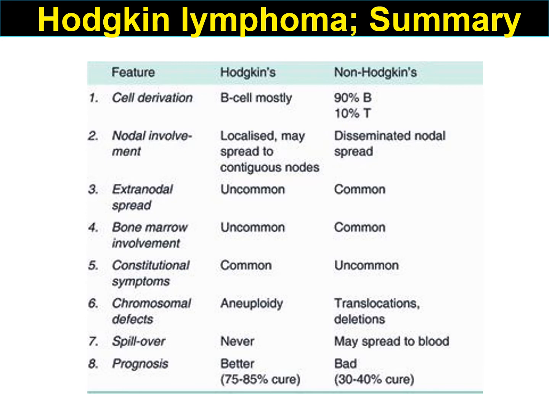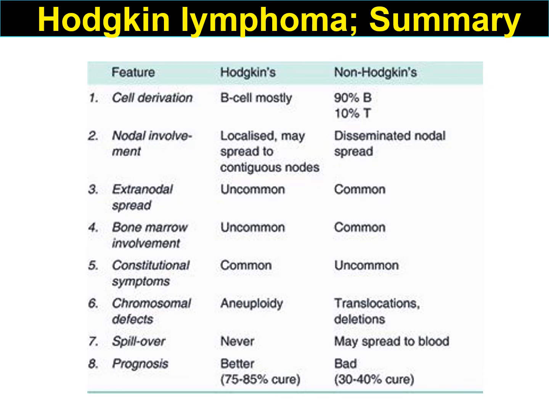This table describes the differentiation points between Hodgkin and non-Hodgkin lymphoma. The cell derivation in Hodgkin is mostly B cell, while in non-Hodgkin 90% are B cells and 10% are T cells. The nodal involvement in Hodgkin is localized and may spread to the contiguous node, while in non-Hodgkin the nodal spread is disseminated.